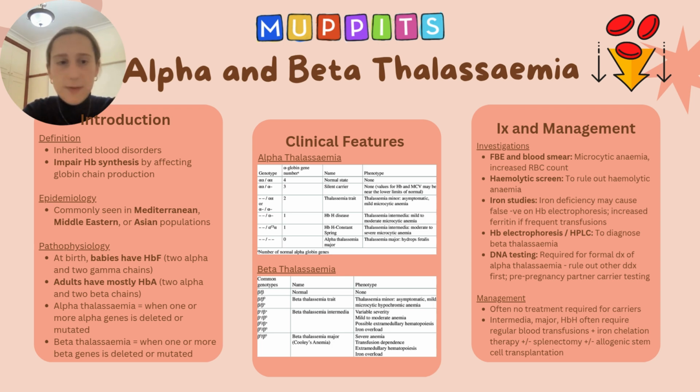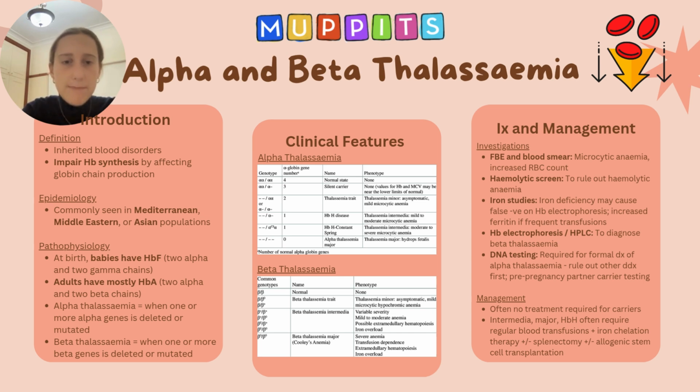So what's the management for thalassemia? Often for carriers, no treatment is required. And as spoken about, it might just be a consideration in pregnancy planning, particularly in determining if the partner is a carrier, because obviously that then is an increased risk if both people are carriers.